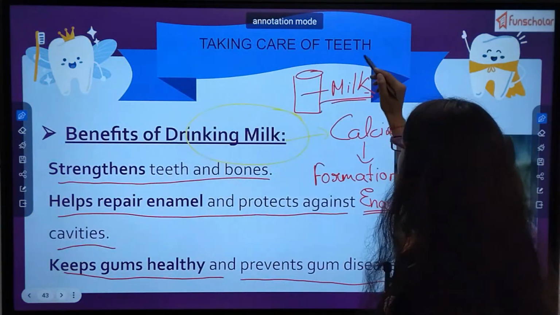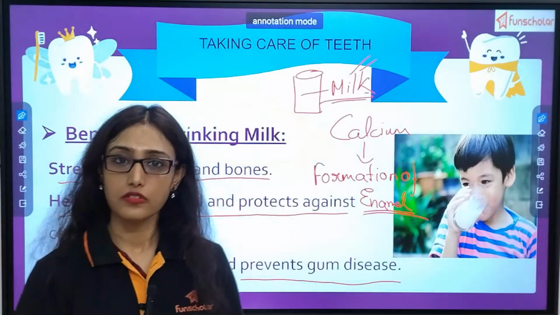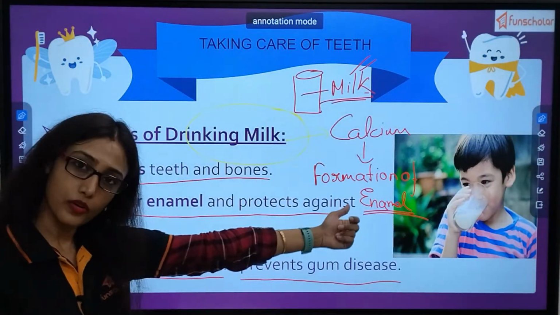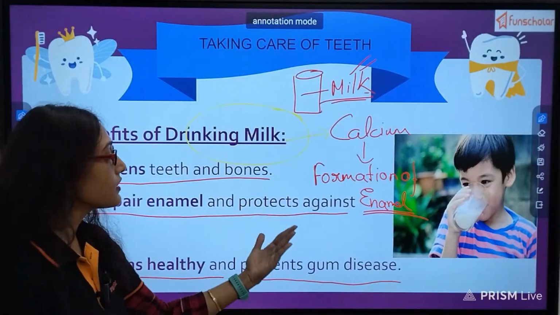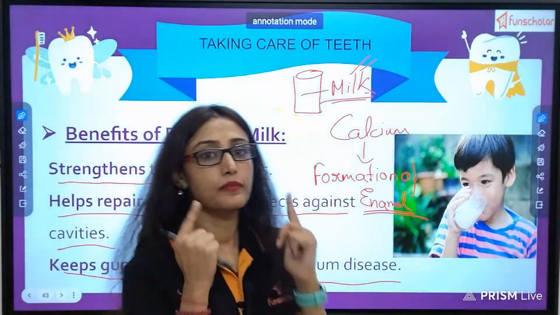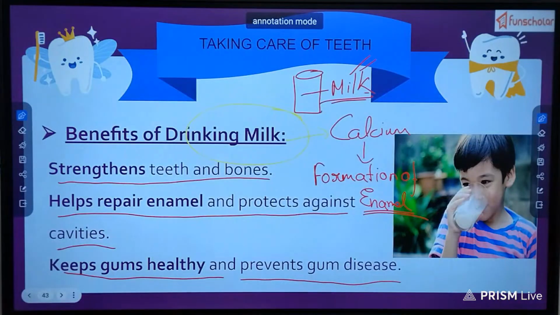So please do drink milk regularly. It is very good for children to drink milk because milk contains what? Calcium. Okay, and calcium is needed for the formation of enamel, that is ultimately to keep your teeth and bones strong and healthy. Clear? Okay.